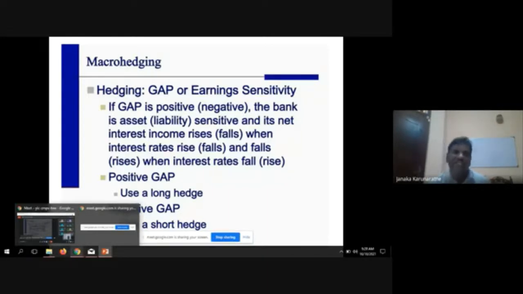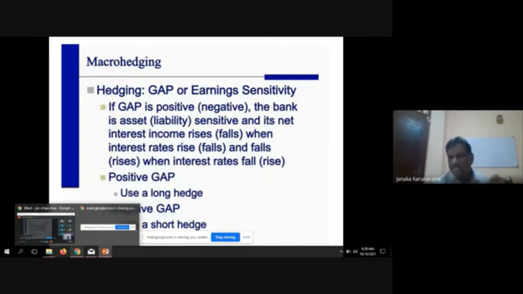Then use the right instrument. How do you determine? There is a higher probability of this happening and the impact also happening. Now you decide whether you have to use a long or short hedge. So these are the very basic principles you have to understand. If you don't understand, you won't be a risk manager.